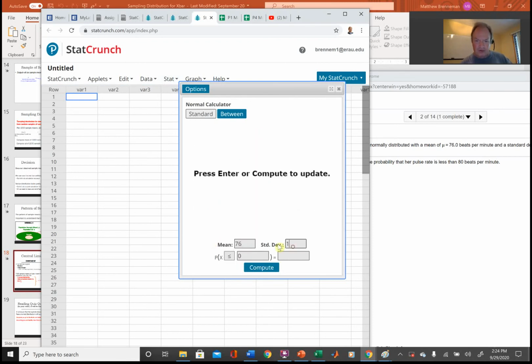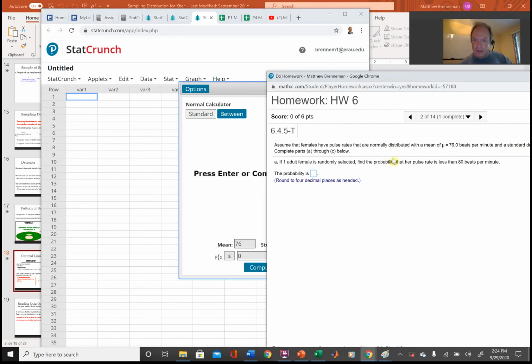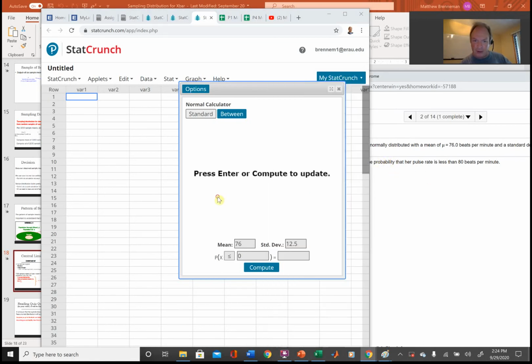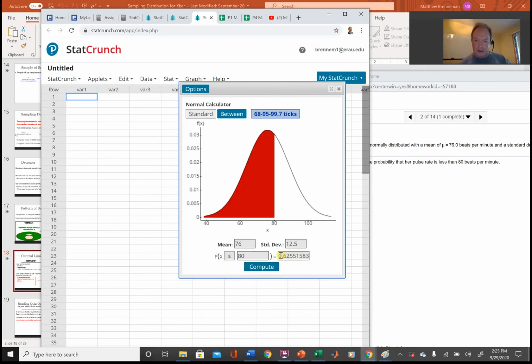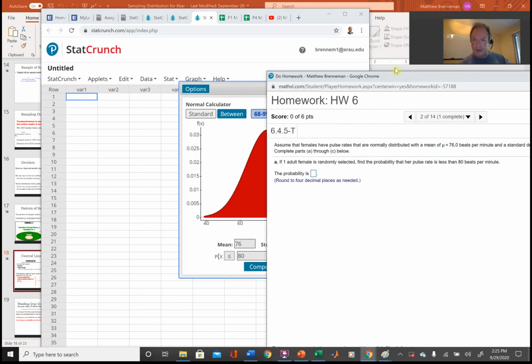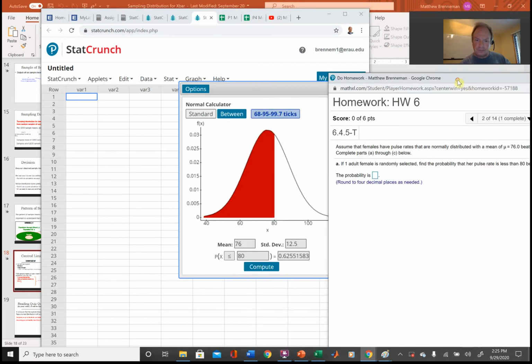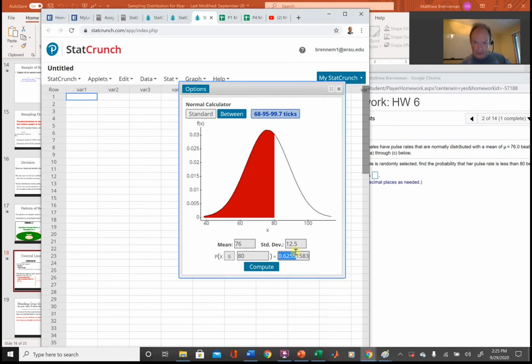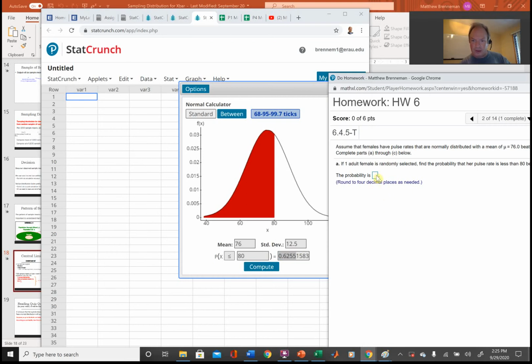Standard deviation is 12.5. Okay. And we want to know the probability that a randomly selected person has a pulse rate less than 80. Let's go ahead and put that in. And that's going to be our value. And they're not asking for it as a percentage. So we just go ahead and put that in.